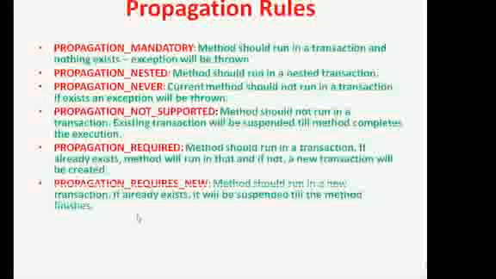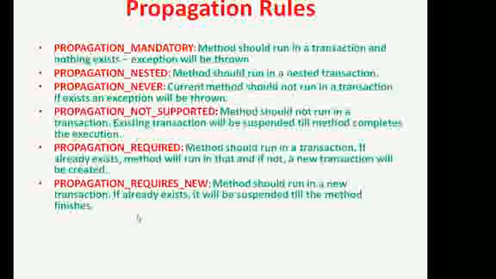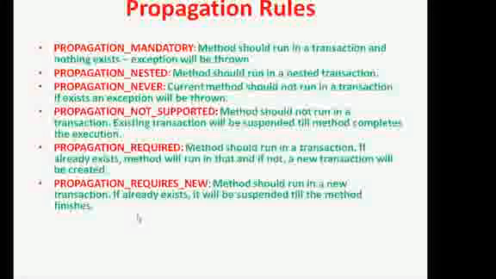Propagation requires new. The name itself says that a method should always execute in a new transaction. If one already exists, it will be suspended and a new transaction will be started.